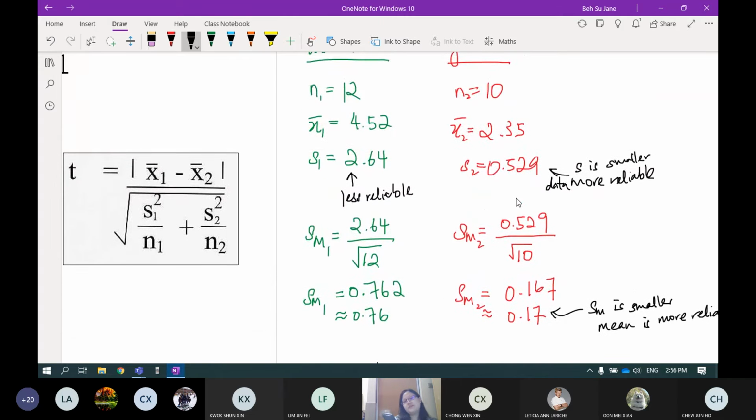Okay, type into the calculator. Remember to bracket. If you don't bracket, you might end up with something weird. Also remember the modulus. If not, you end up with a negative number. It should always be positive. 2.64 squared divided by... I will talk to myself now.